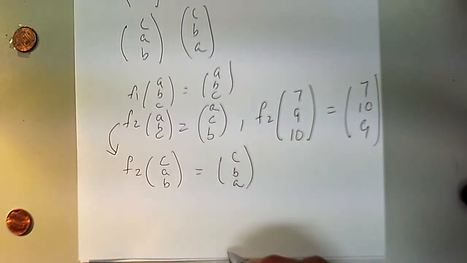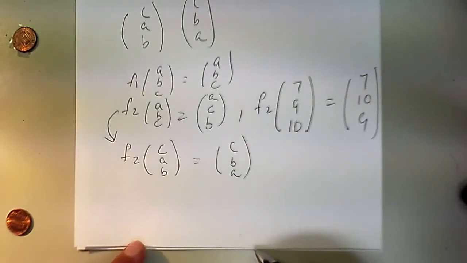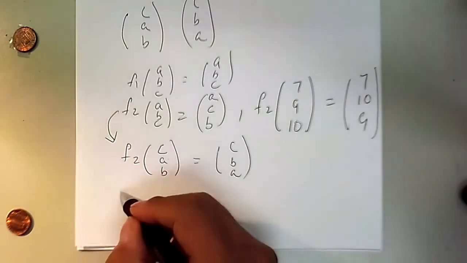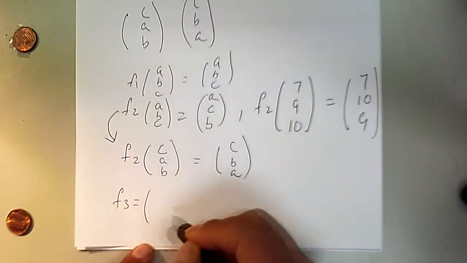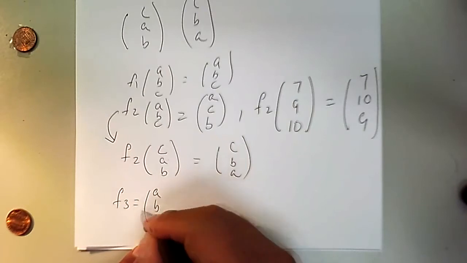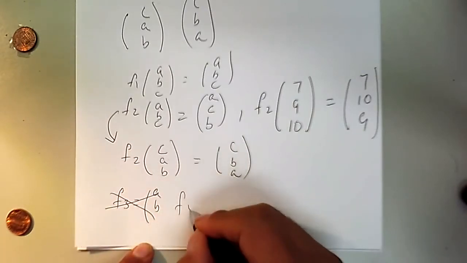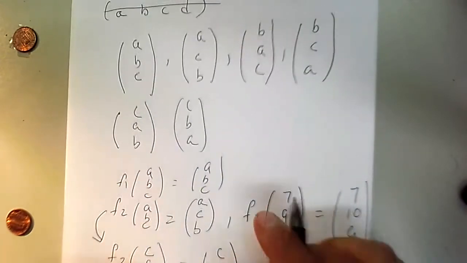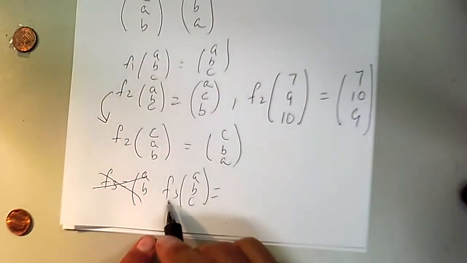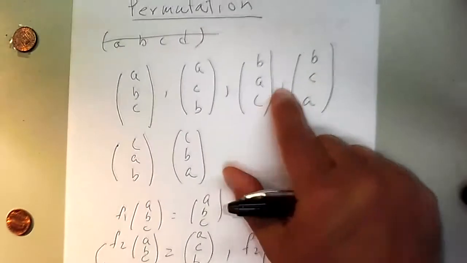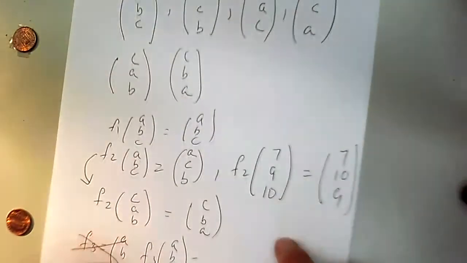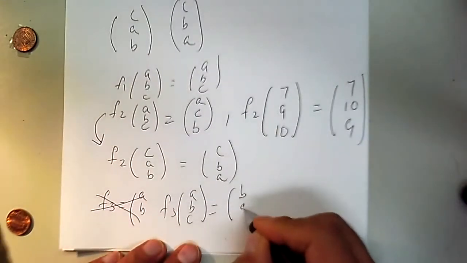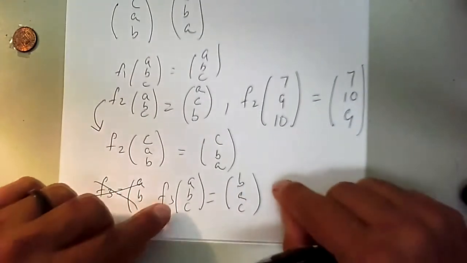And then we can stack one permutation on top of the other. So let's say F3 of A, B, C equals, so I'm declaring what we're labeling as F3. Let's say it is this one, BAC. So what does it do?